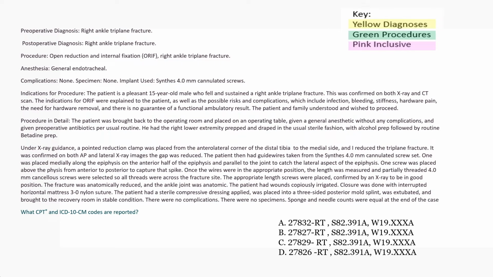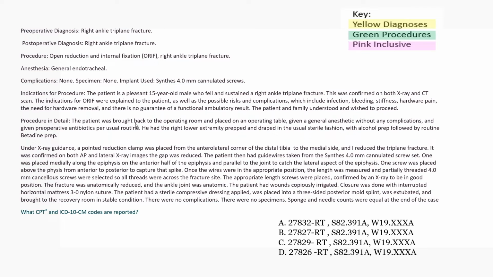Pre-operative diagnosis, right ankle triplane fracture. Post-operative diagnosis, right ankle triplane fracture. Procedure, open reduction and internal fixation, right ankle triplane fracture. Anesthesia, general endotracheal. Complications, none. Specimen, none. Implant used, Synthes 4mm cannulated screws. Indications for procedure.